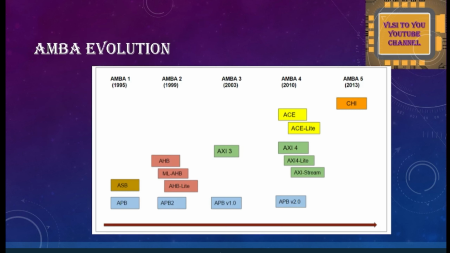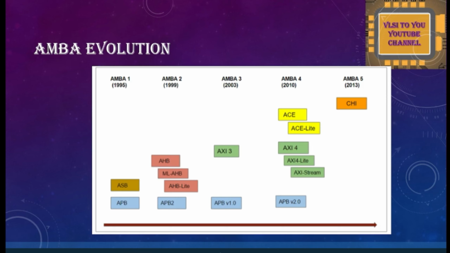Now coming to the AMBA evolution. This is how the various versions were introduced in AMBA protocols like APB, AHB, AXI. All these were introduced bit by bit. Coming to APB, the APB and APB2 versions are the same, because there was not much revision made between them. Then APB version 1.0 is the most used and most read APB protocol specification.